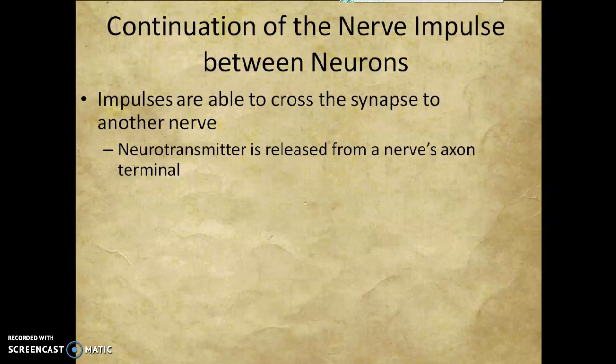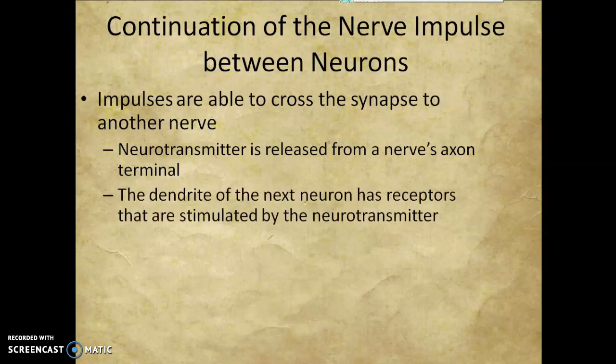The neurotransmitter is released from the nerve's axon terminal. And when the neurotransmitter is released from the axon terminal, a nearby dendrite from another neuron is going to have receptors for that neurotransmitter that are going to collect the neurotransmitter, which is how they pass that message from one neuron to another to another.